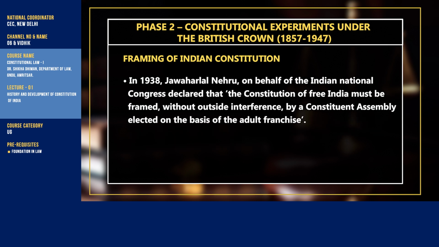In 1938, Jawaharlal Nehru, on behalf of the Indian National Congress, declared that the Constitution of Free India must be framed without outside interference by a Constituent Assembly elected on the basis of adult franchise.